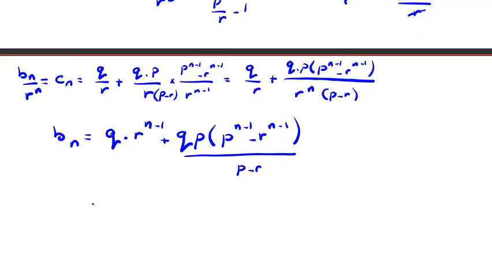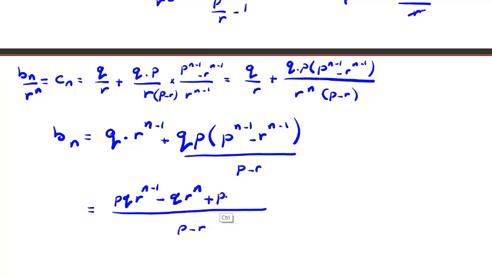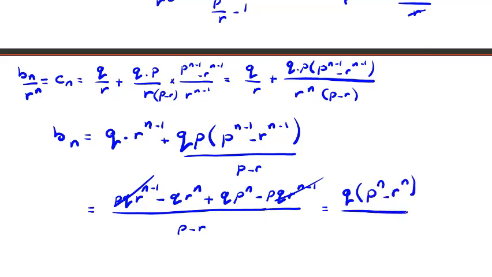So if we use a common denominator, let's see what we have then. pq r^{n-1} minus q r^n plus p plus q p to the power of n minus pq r^{n-1}. So if we consider, they will be cancelled. It will be q p^n minus r^n over p minus r.